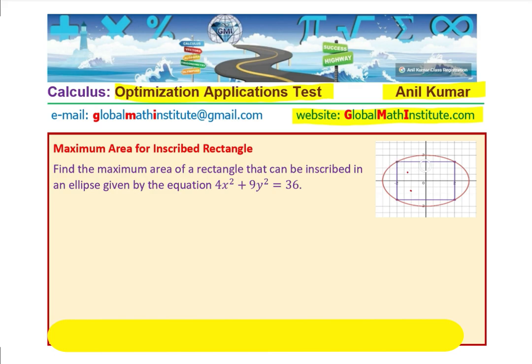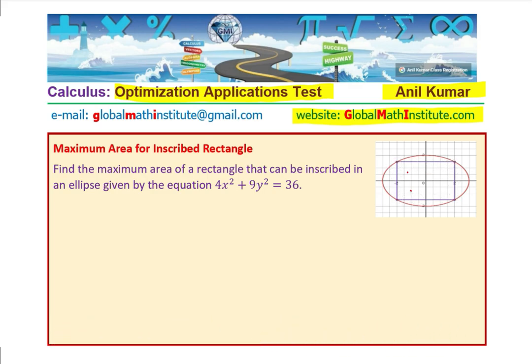Now, to find the maximum area of this particular rectangle, we can observe very clearly a kind of symmetry here, right? So do you see some symmetry here? If we find the area of just a quarter of this rectangle, which is highlighted in quadrant 1, let's call this area A1.